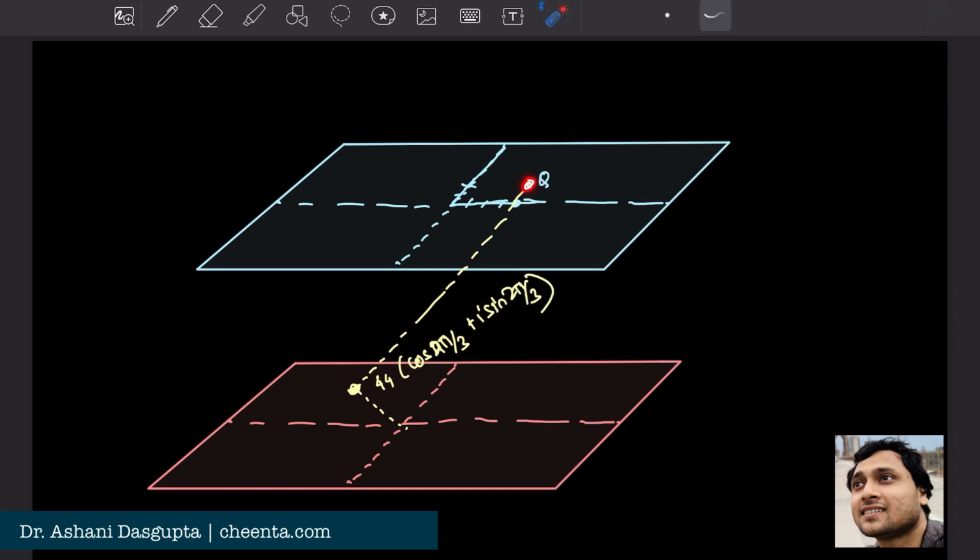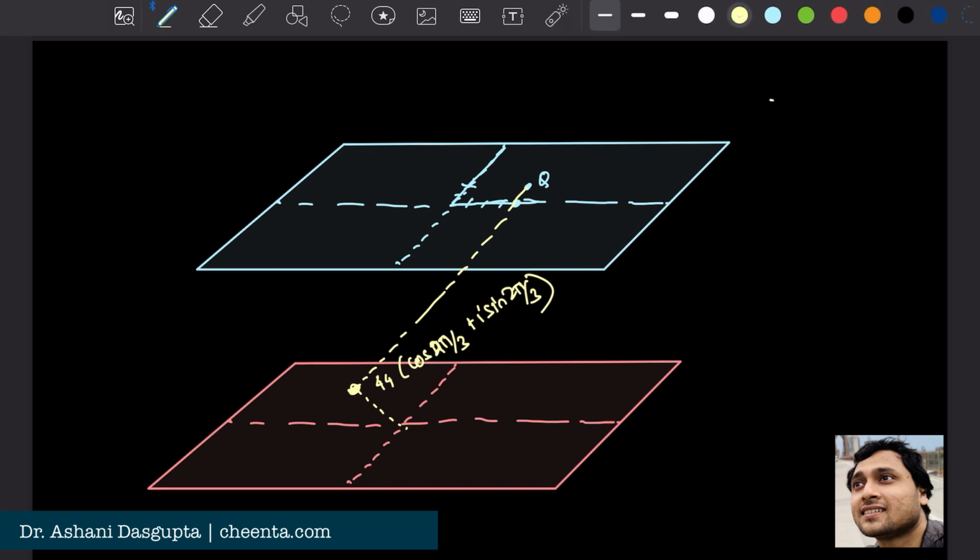So the input point here maps to that output point. Okay, so that's pretty good. We found an input point corresponding to this output point.